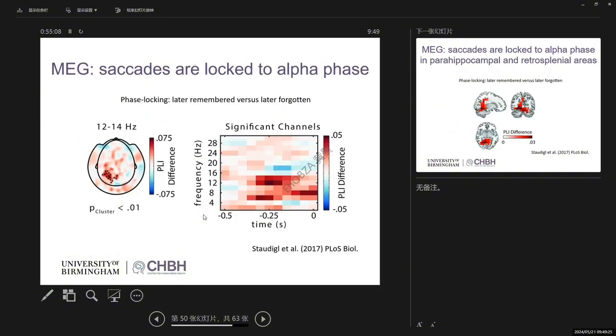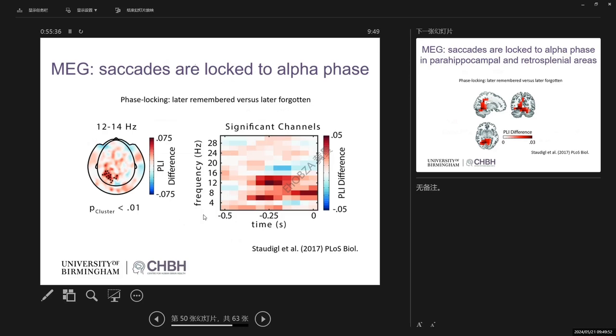And when doing this, what we find is that indeed there are around 12 hertz oscillations being locked prior to the saccade in the left posterior cortex. So the best way to interpret this is that you have ongoing oscillations and then you saccade at certain phases of these ongoing alpha oscillations, right?